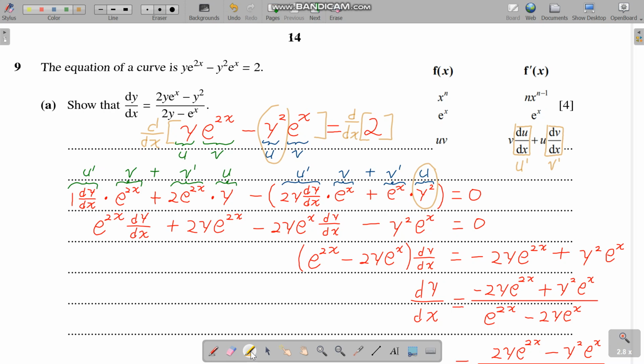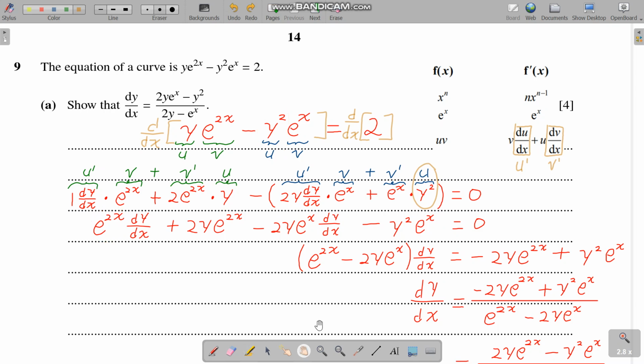Now we simplify: e to the x dy/dx, 2y e to the x minus 2y e to the x dy/dx, minus y squared e to the x.